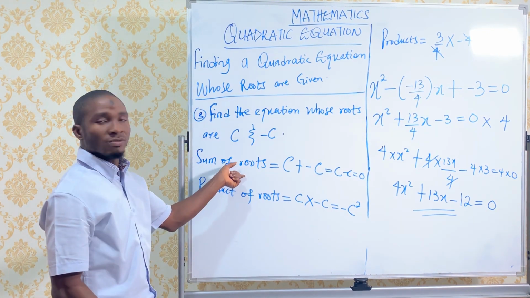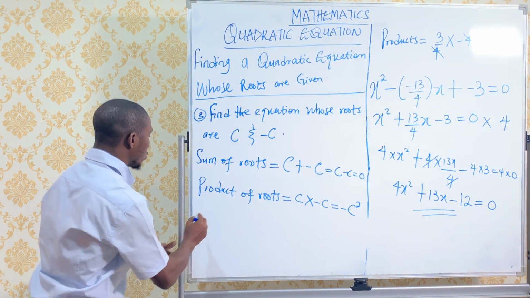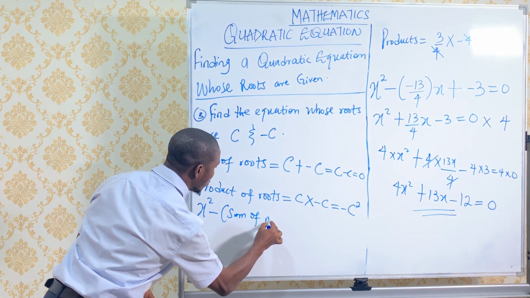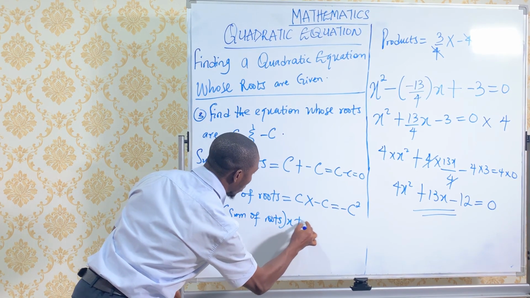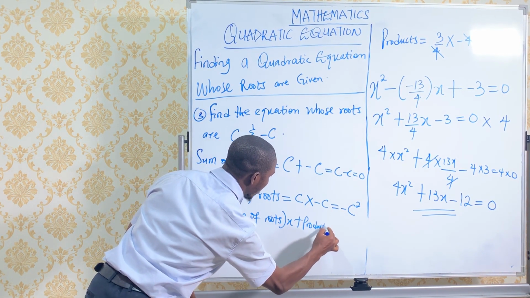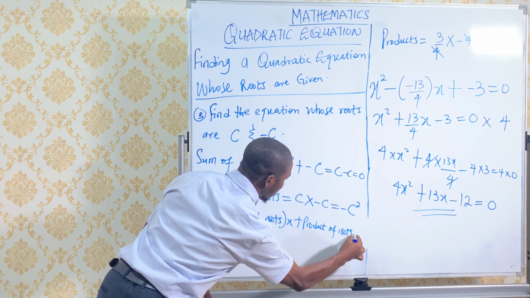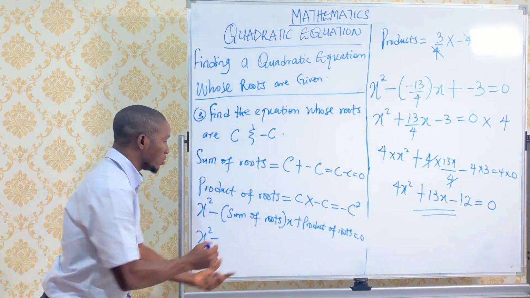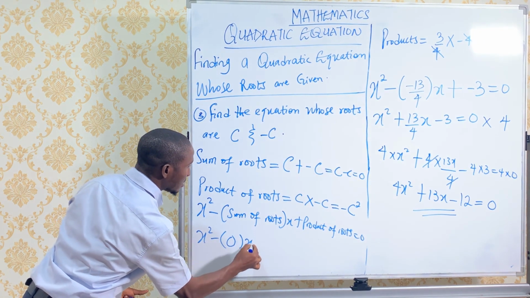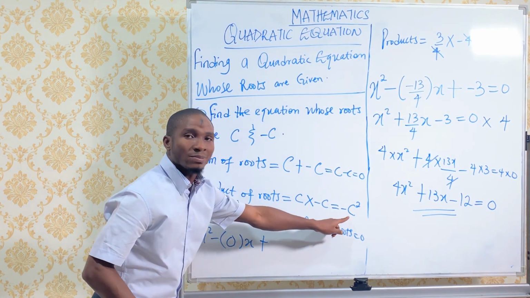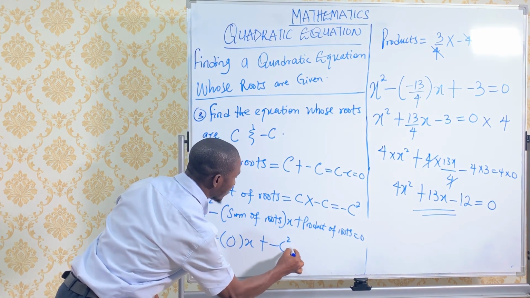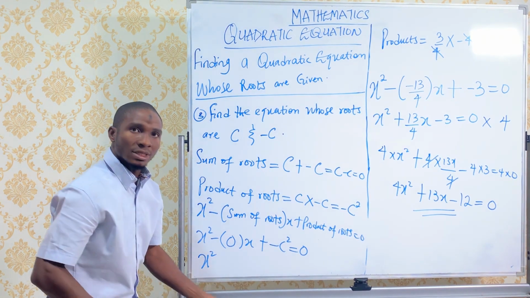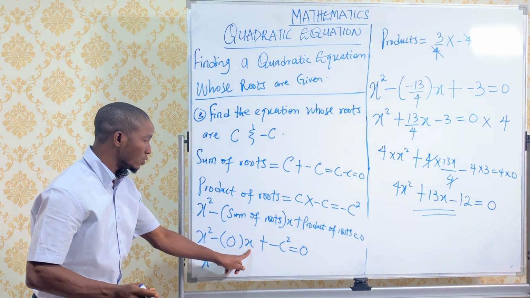Now, we have the sum of the roots, and we also have the product of the roots. So, using the general formula x squared minus the sum of roots x plus the product of roots equal to 0, we now have x squared minus 0 times x plus minus c squared equals 0. x squared minus 0 times x is 0, so this part is gone.